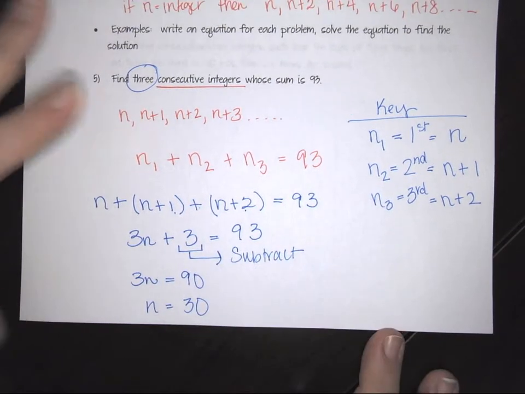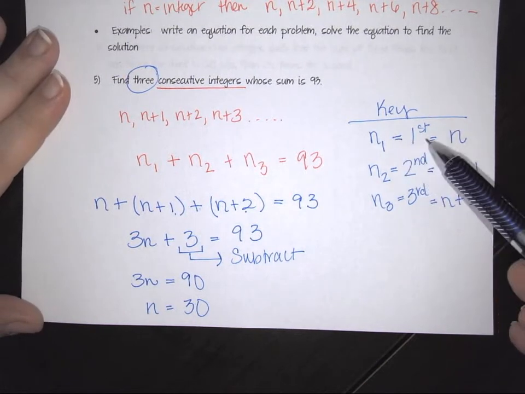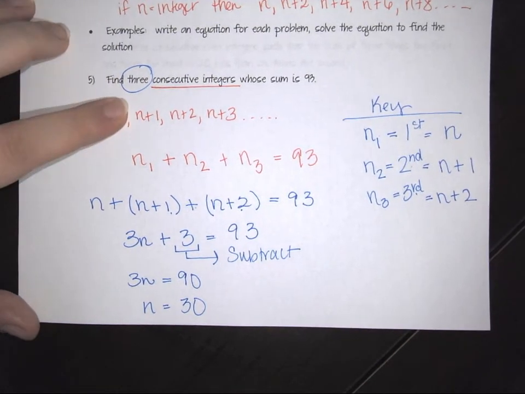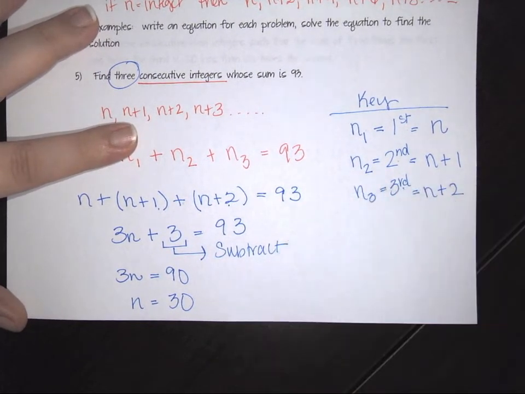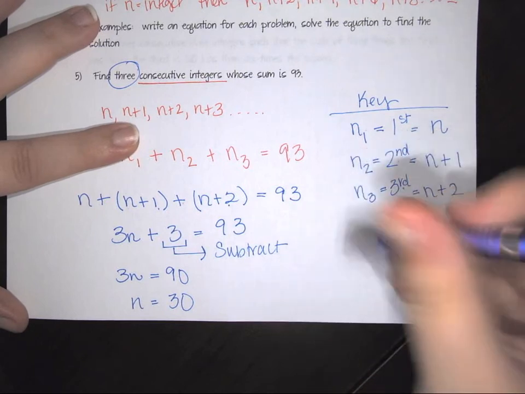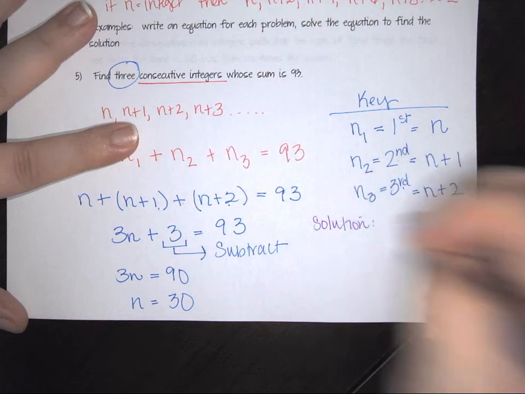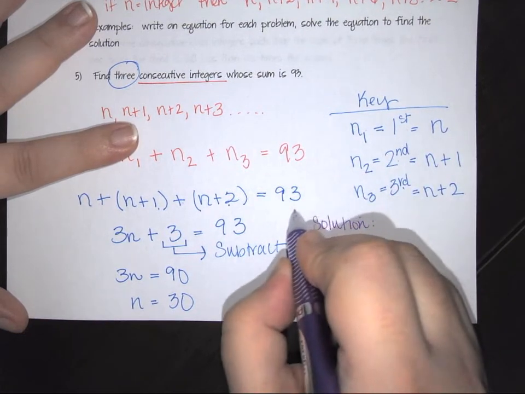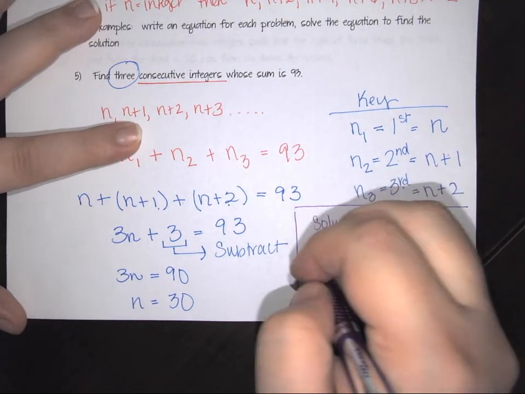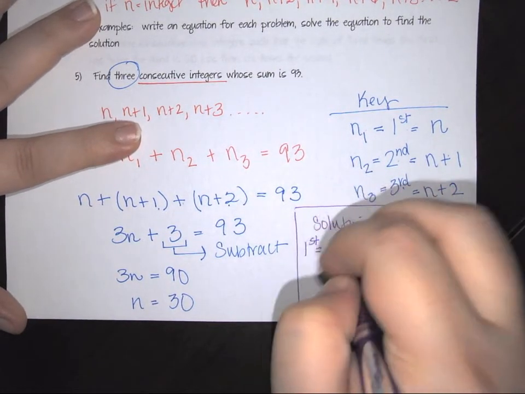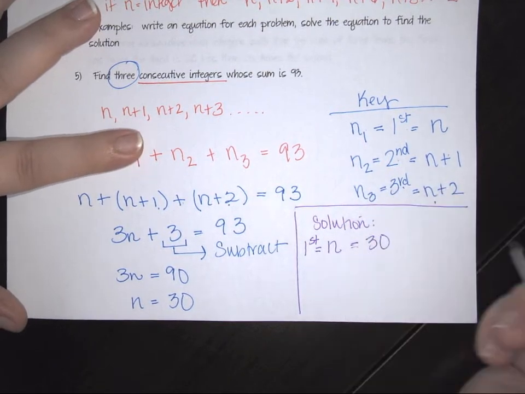Now that is not actually the answer to our problem, because we have to find the first, second, and third integers. So when we are talking about our solution here, we are looking at using these ideas. My first integer was represented by n, and in this case n is 30.